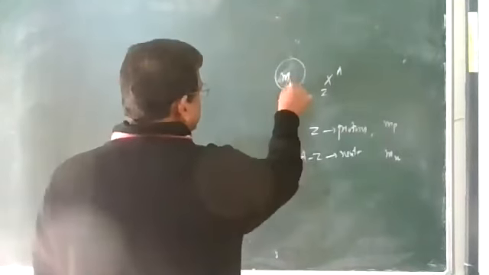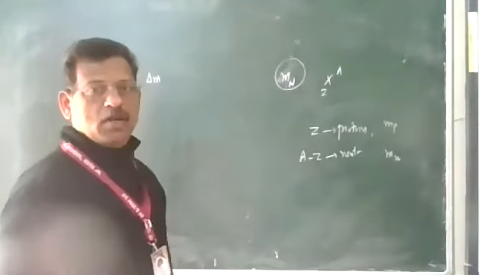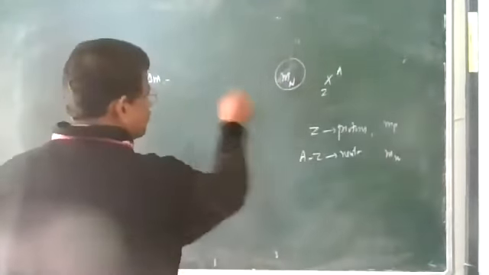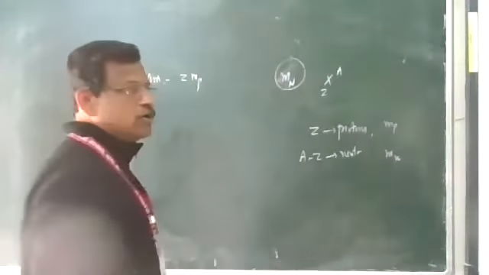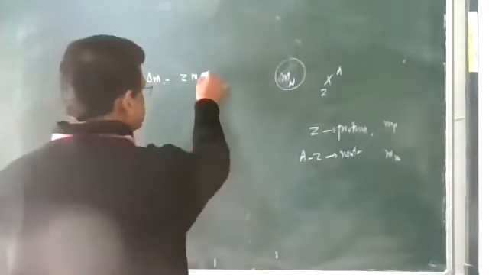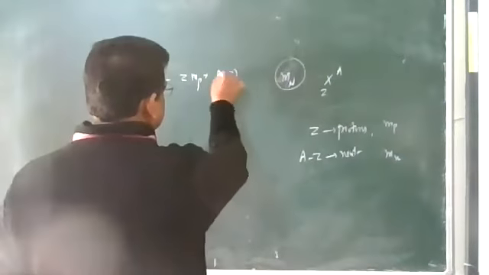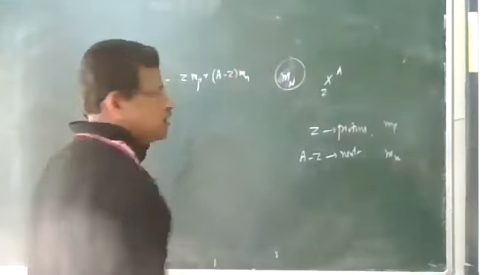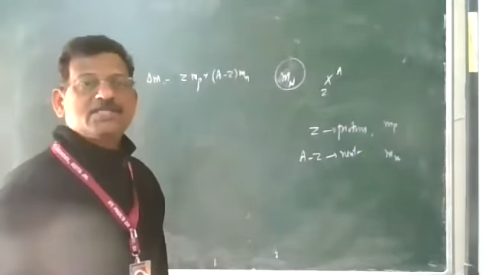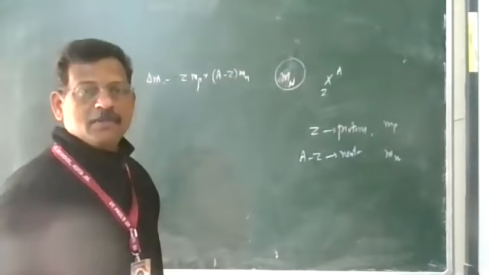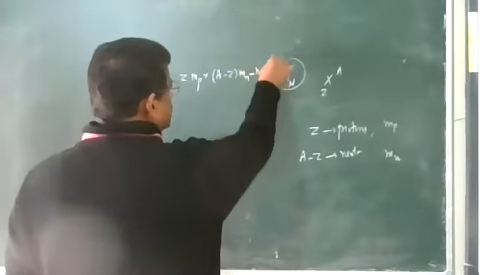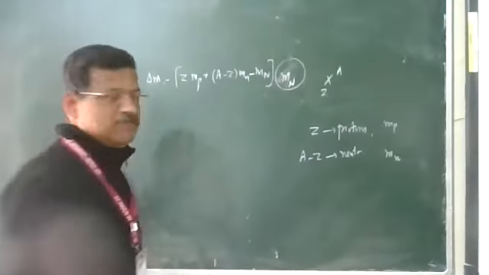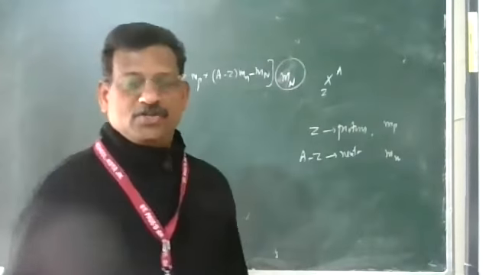Suppose capital M stands for mass of the nucleus. So total mass of the protons is Z into m, plus total mass of the neutrons, A minus Z into n, we add. This is greater than the mass of the nucleus, capital M. This much mass is the difference, called mass defect.